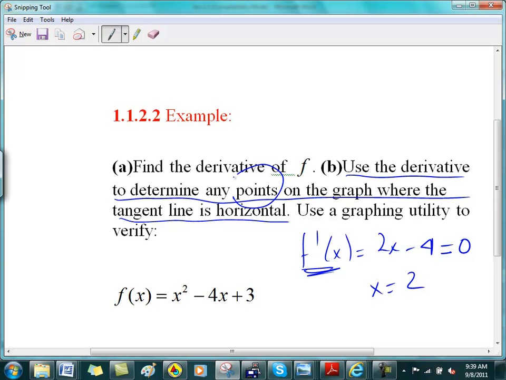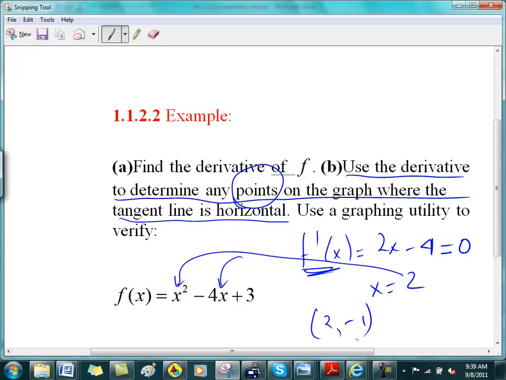It wants you to find the point. A point has an x coordinate and a y coordinate. I've got the x coordinate. How do I get the y coordinate? Take this and shove it in here. And what do you get? -1.